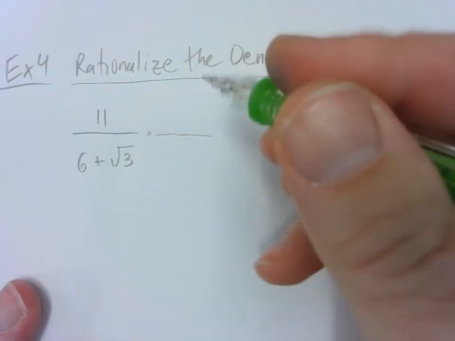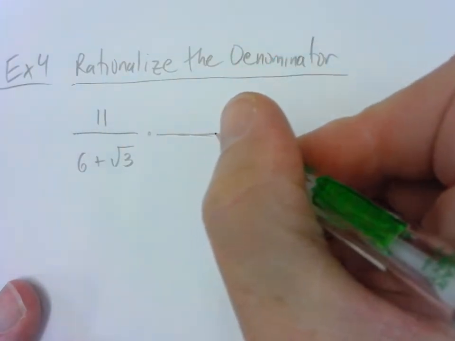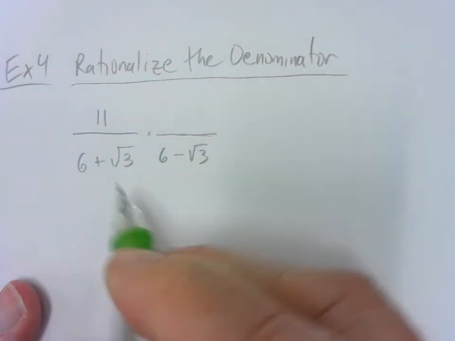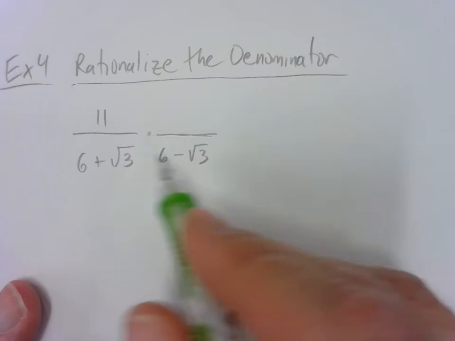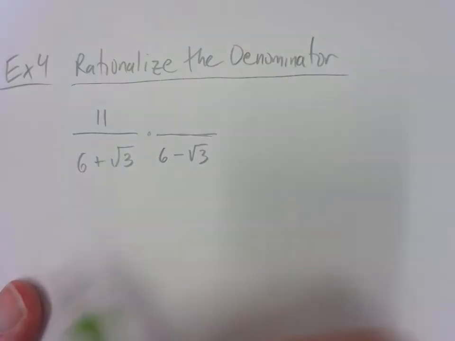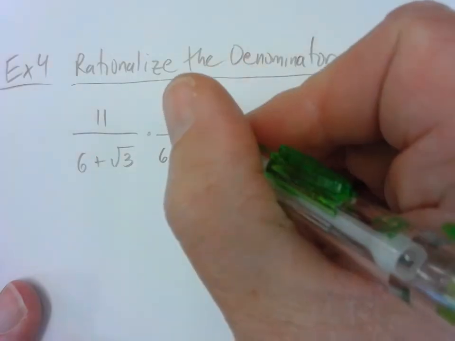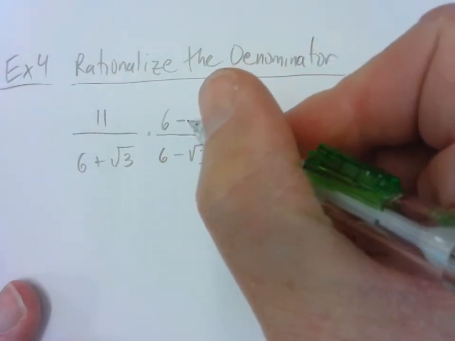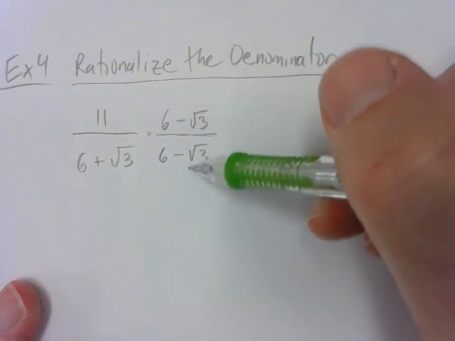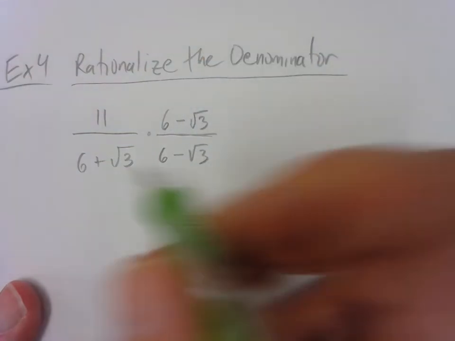The fraction is going to be equivalent to 1, and it's going to be 6 minus radical 3. So that 6 matches 6, radical 3 matches radical 3, 1's plus, 1's minus. And that will get rid of the square root because the middle terms cancel out. And the top is 6 minus radical 3. So the same thing divided by the same thing is 1. So I'm multiplying by fancy 1, basically.